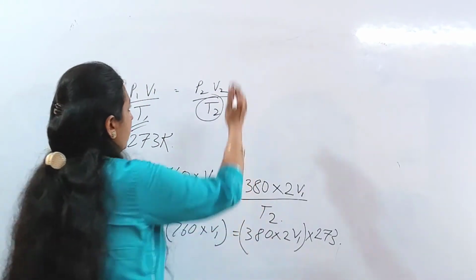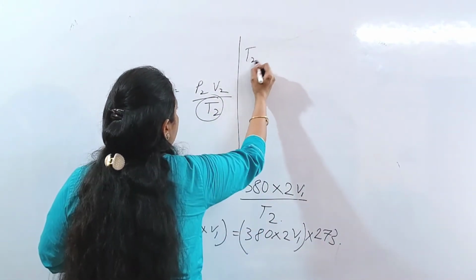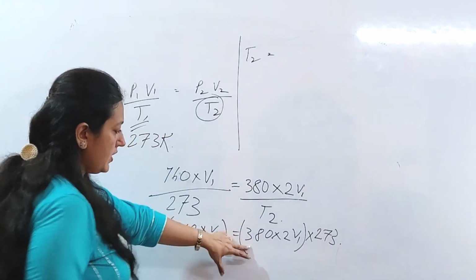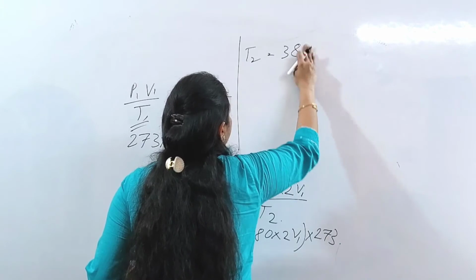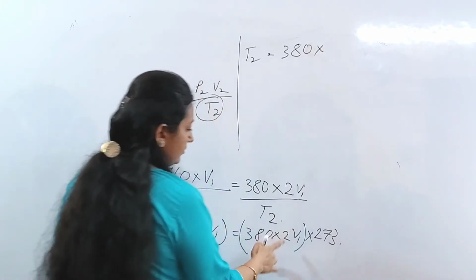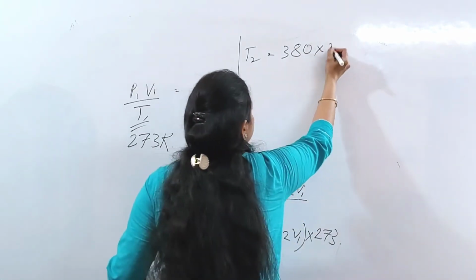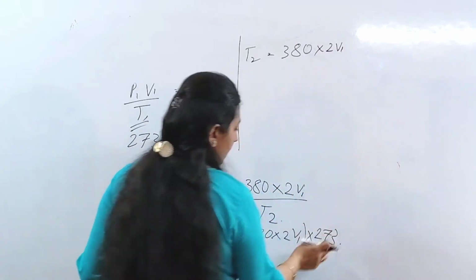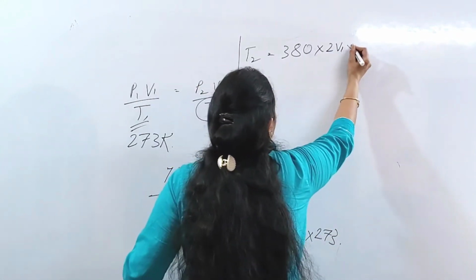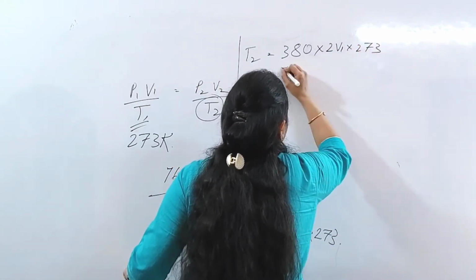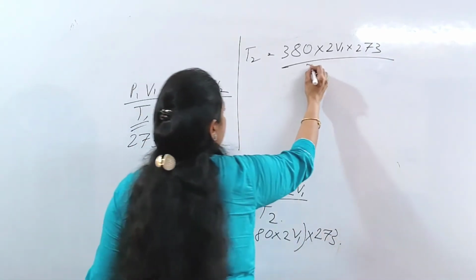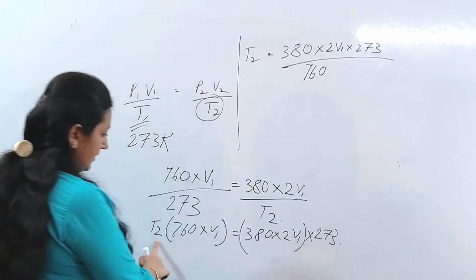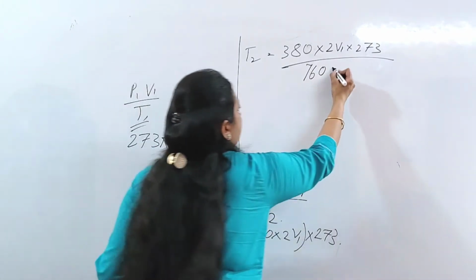You have to find out T2. So T2 is equal to 380 into twice V1, okay, into 273 divided by 760 into V1.